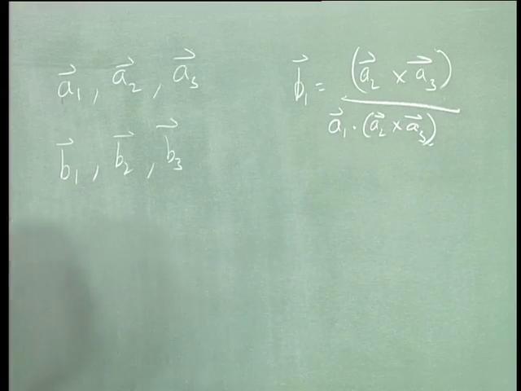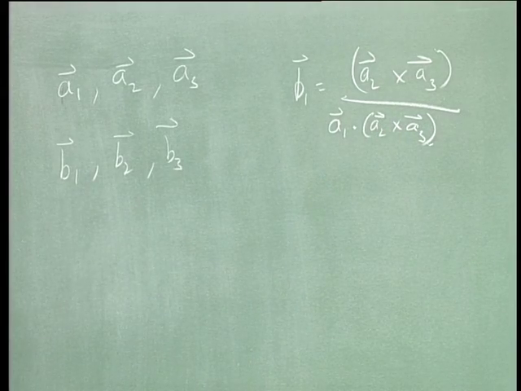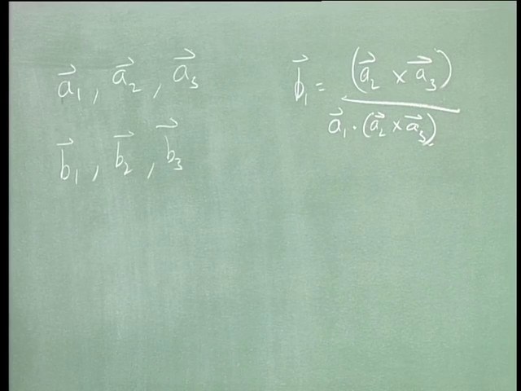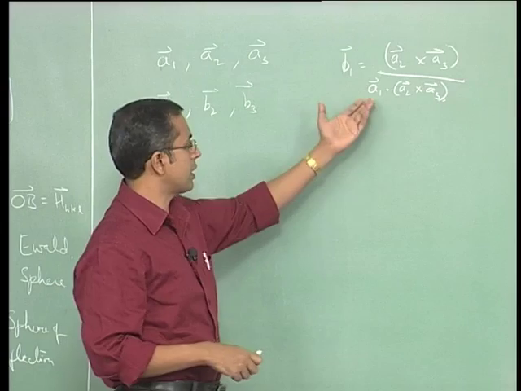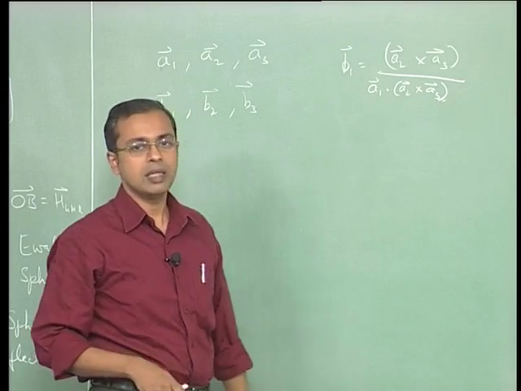Okay, the volume: when you have 3 vectors, and you want to calculate the volume of the region described by the 3 vectors, this is the formula for it. A1 dot A2 cross A3, it is a triple product. So you will get the volume.